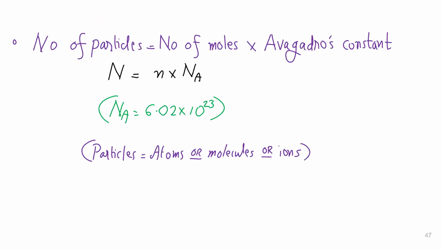Now, second formula: number of particles is equal to number of moles into Avogadro number. Avogadro is a constant which should be memorized. Our course says that number of particles is equal to number of moles into Avogadro constant. Particle is equal to atom or molecule; anything can come in this title. So you have to copy this screen also in your notes.